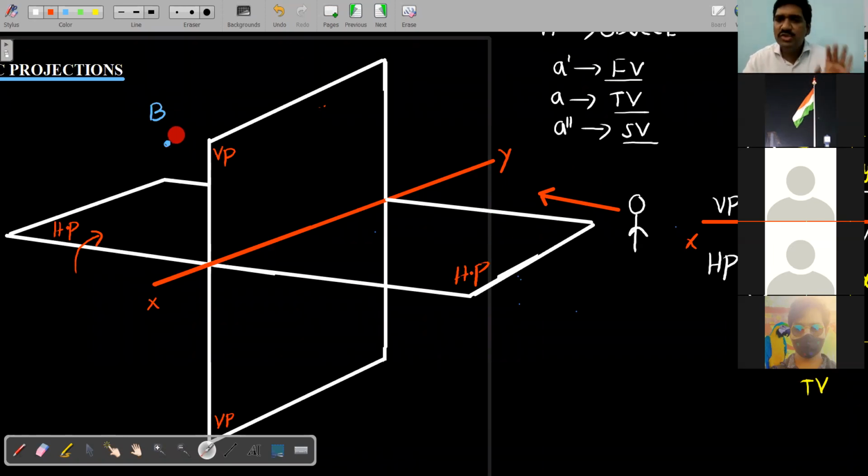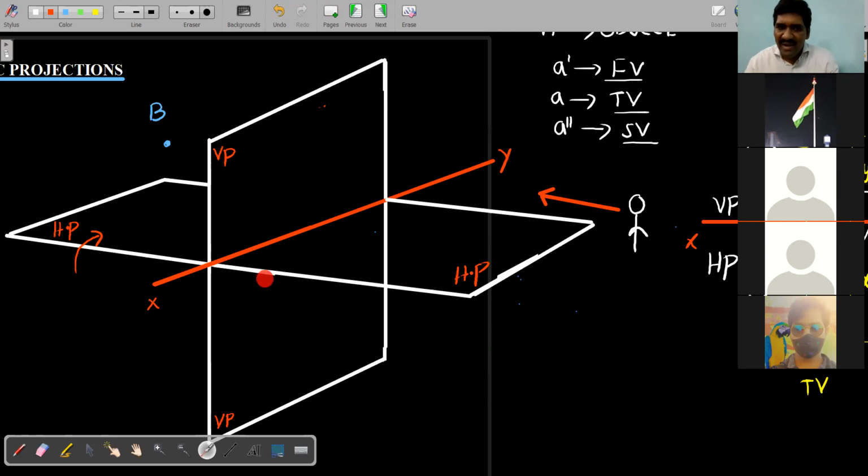I want to see this object, and I am standing here. There is a rule: we have to stand here and see from here only. But to see this object, we have a vertical plane. The vertical plane is a transparent plane, and the horizontal plane is also a transparent plane. Transparent means we can see through.